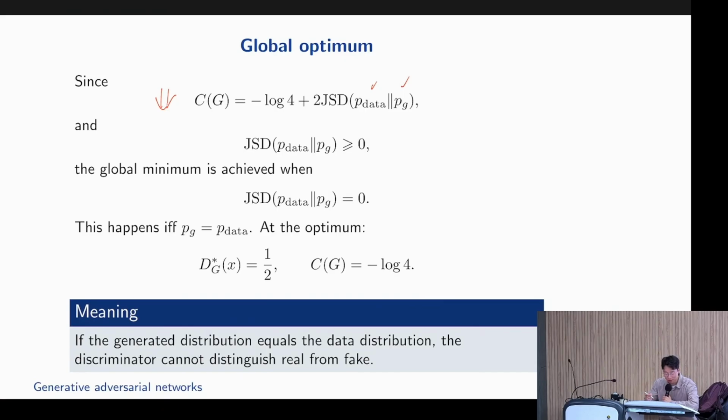And JSD is 0, by property of KL, if and only if the two distributions are identical. So that means at optimality, the discriminator outputs 1/2. So it's completely confused. Remember, this outputs P of real given X.